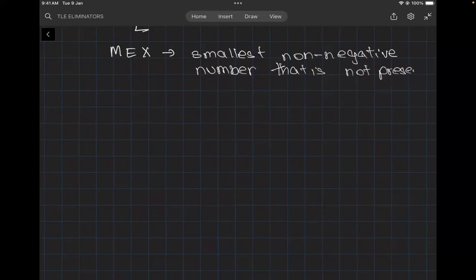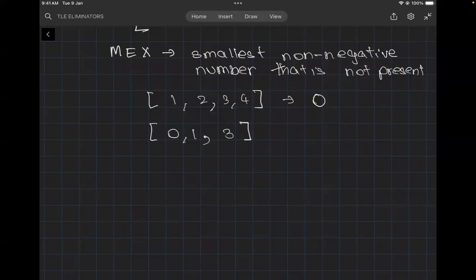So if I give you the numbers 1, 2, 3, 4, the max will be 0 because 0 is the smallest non-negative number that is not present. Similarly, for 0, 1, 3, the max is 2. And for 0, 1, 2, 3, the max is 4 because 4 is the smallest non-negative number which is not present.